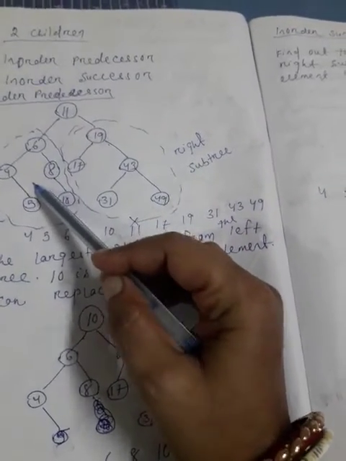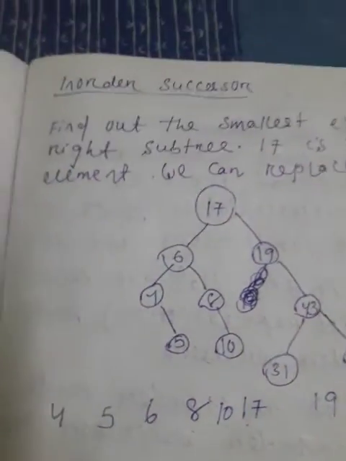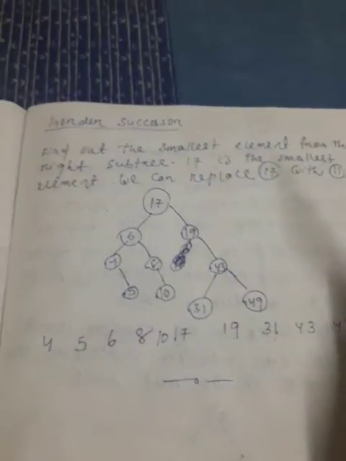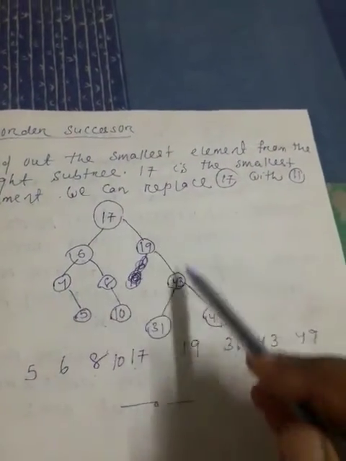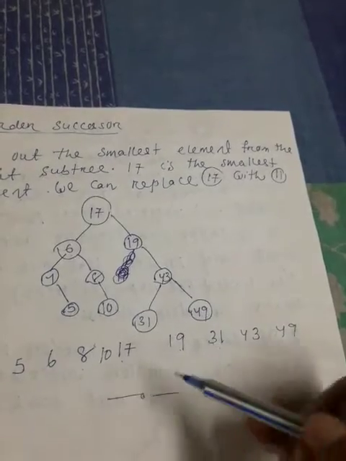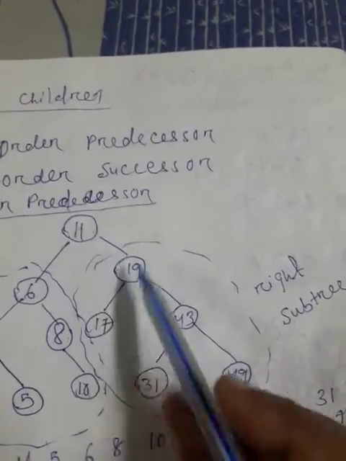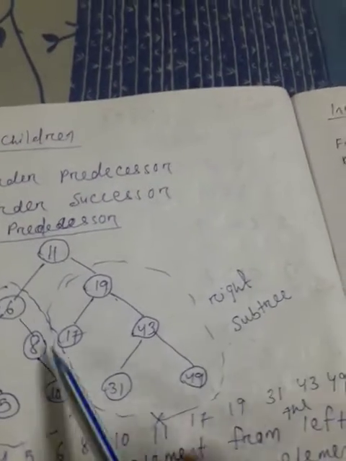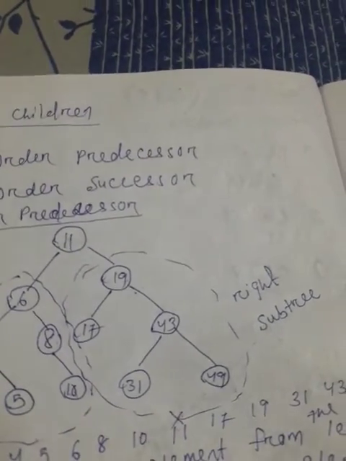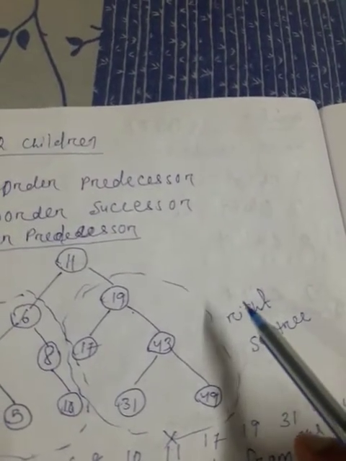Then the second method is in-order successor. Successor means after. In this case we want to replace 11 with a right value, so we take the right subtree, and in the right subtree the smallest value is 17.